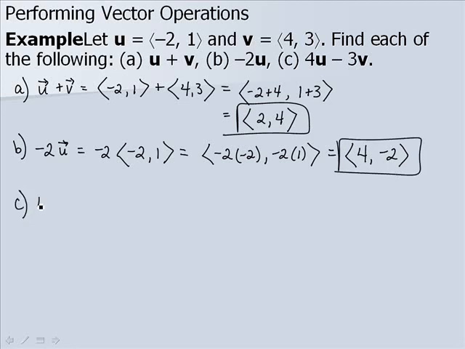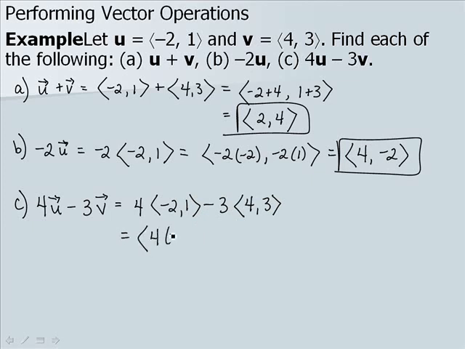And for part C, we have 4 times our vector u minus 3 times our vector v. So that would be 4 times <-2, 1> minus 3 times <4, 3>.